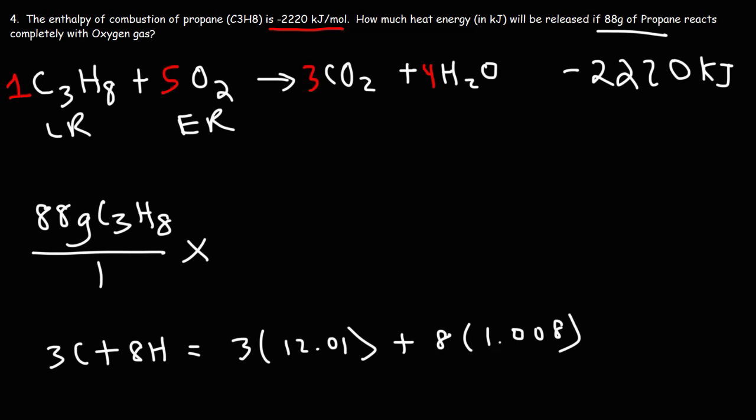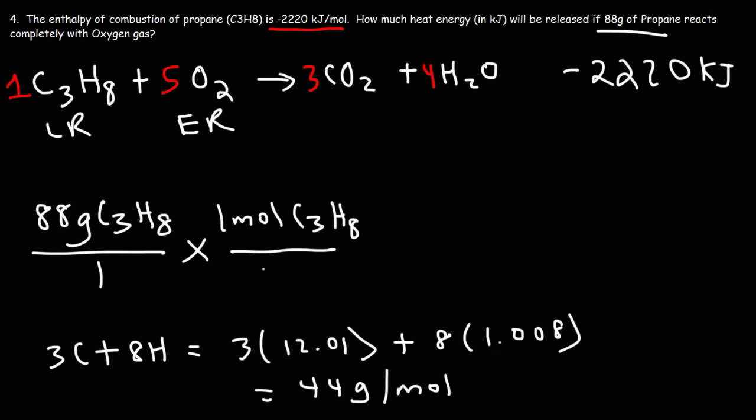Now I'm going to round it to the nearest whole number, just to keep the math simple. So 3 times 12 plus 8 times 1 is 44. So the molar mass of propane is approximately 44 grams per mole. So we can say that 1 mole of propane equates to a mass of 44 grams.